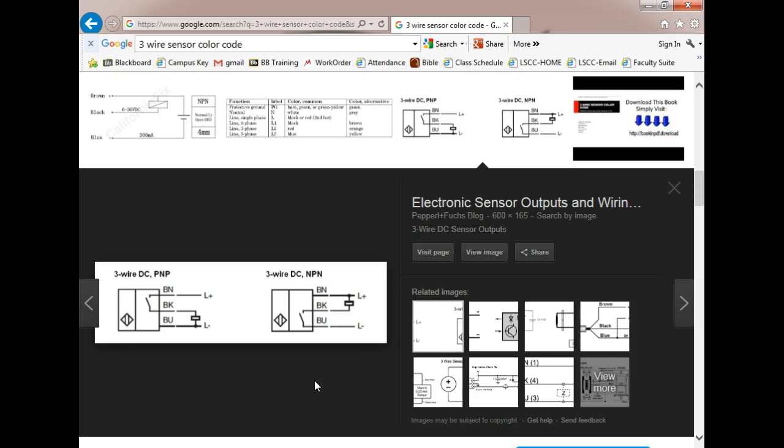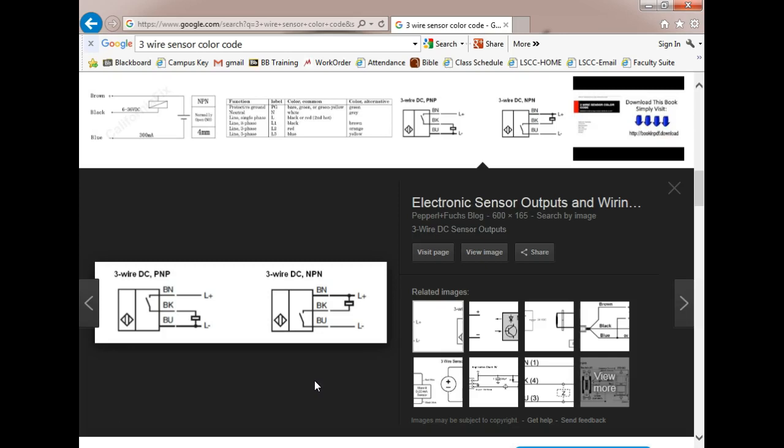Now what changes is the way we look it up, right? You understand? So here, the load is hooked to ground, so this guy here is sourcing, right? Here the load is the power, so this guy would be sinking. This is the PNP sensor. That's something you have to know.